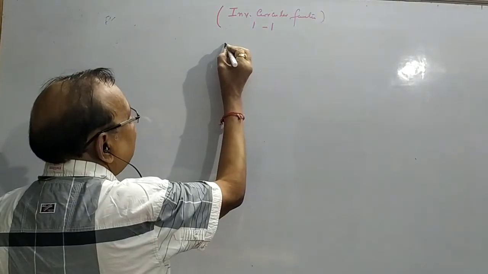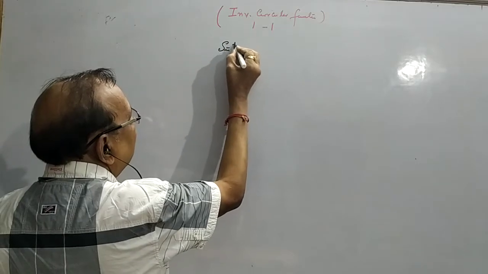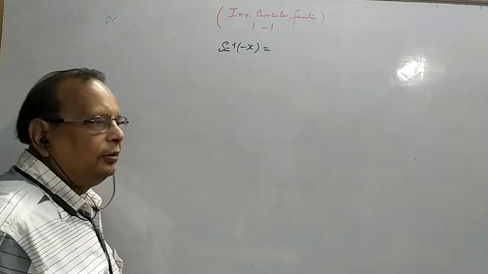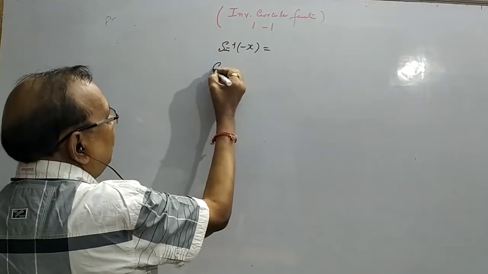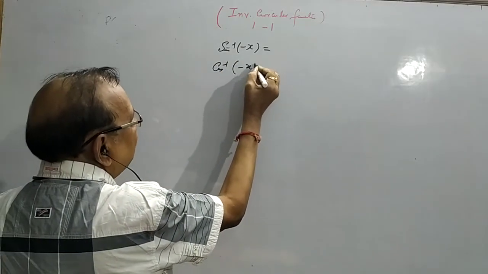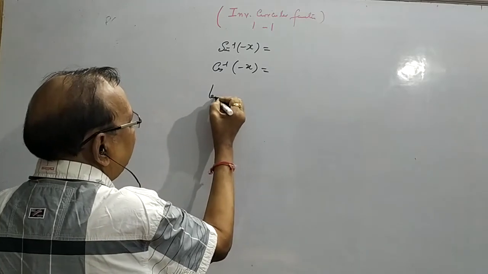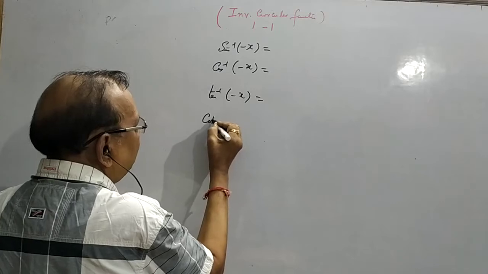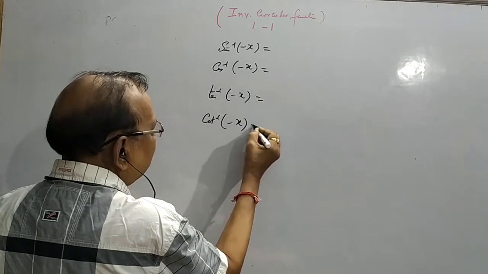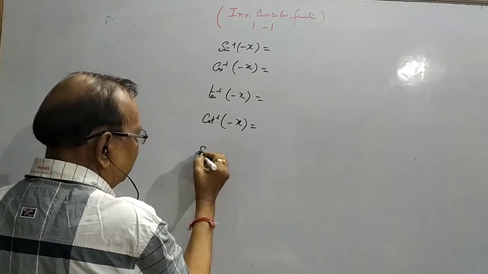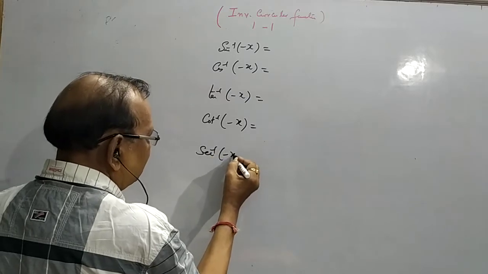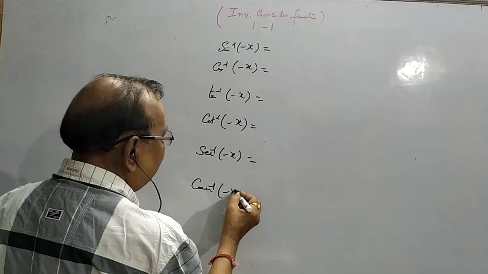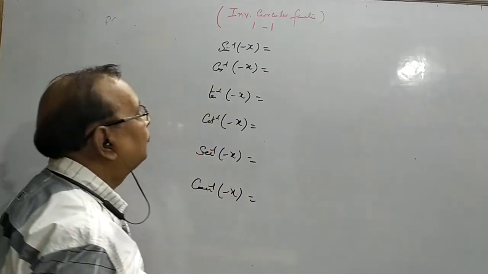First set is sin inverse of minus x, cos inverse of minus x, tan inverse of minus x, cot inverse of minus x, sec inverse of minus x, and cosec inverse of minus x, each equal to something.